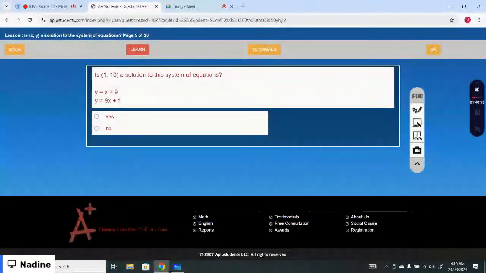So the correct option is yes, 1, 10 is the solution of the system of equations. The correct option is 1.